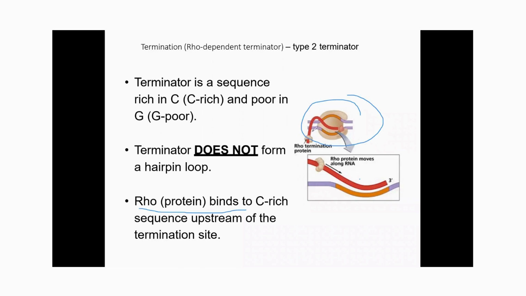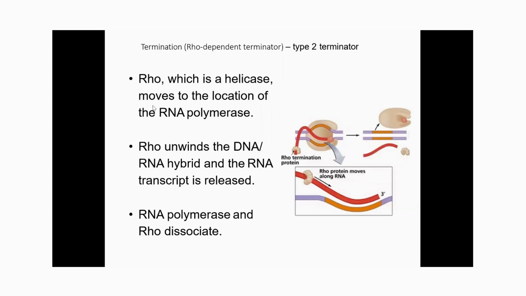So the rho protein travels towards the RNA polymerase enzyme, and as it touches the RNA polymerase enzyme, the synthesis of the RNA stops here, the transcription process stops at this particular point, and termination of the transcription occurs. This is known as rho dependent termination.